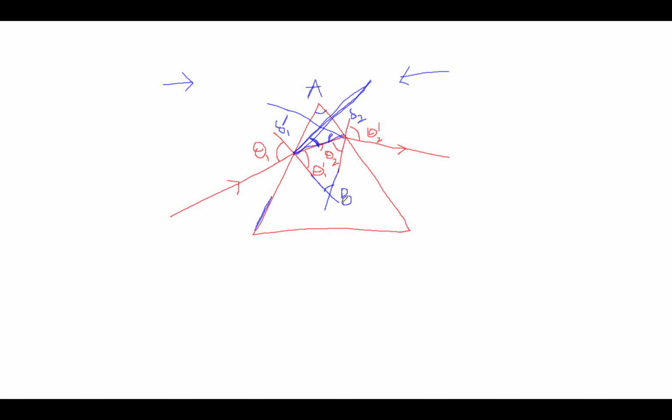Okay, so now we can write down some things that we know from Snell's law. For example, from Snell's law, we know the relationship between theta 1 and theta 2.